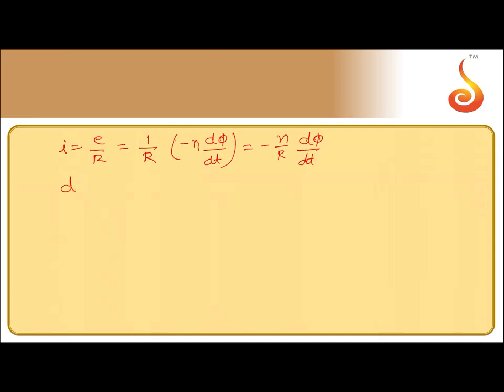Now, d phi is change in flux, that is W2 minus W1, and time taken dt is equal to t.